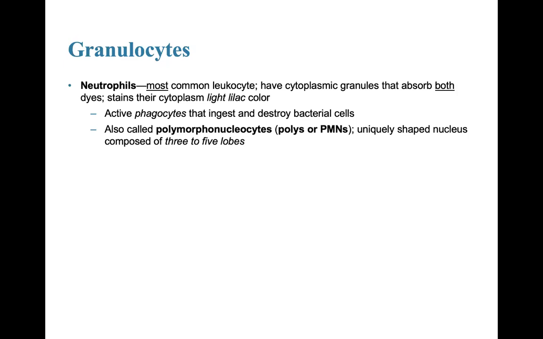These are usually the first cells that show up to a damaged area and they're your first responders. They're also called polymorphonucleocytes or PMNs. Some of you that might have some clinical experience might be familiar with polys or PMNs. These are your neutrophils. They have a uniquely shaped nucleus composed of 3 to 5 lobes.